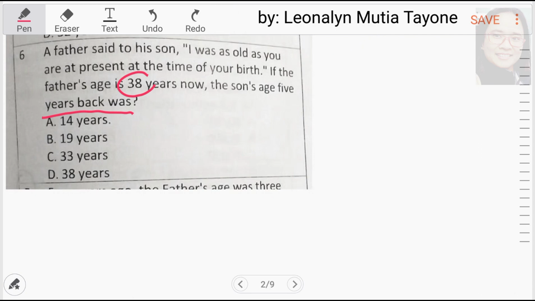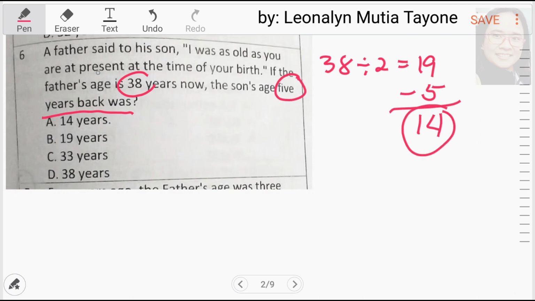The shortest way to solve this is 38 divided by 2, that is 19. 19 minus 5 kasi 5 years back, and that is 14. So, ang sagot nito ay 14 years.